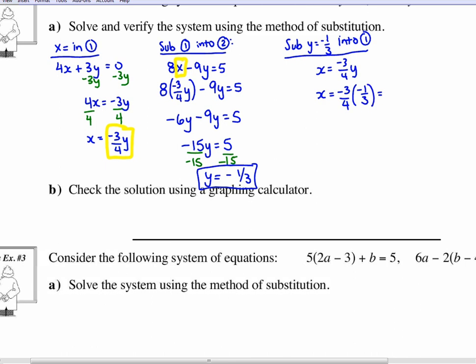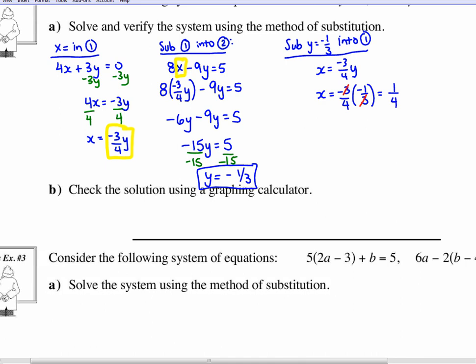Negative 3 over 4 times negative 1/3. First of all, two negatives will make a positive. What happens with the 3's? One's on the numerator, one's on the denominator, so they cancel each other out. We're left with 1 over 4.